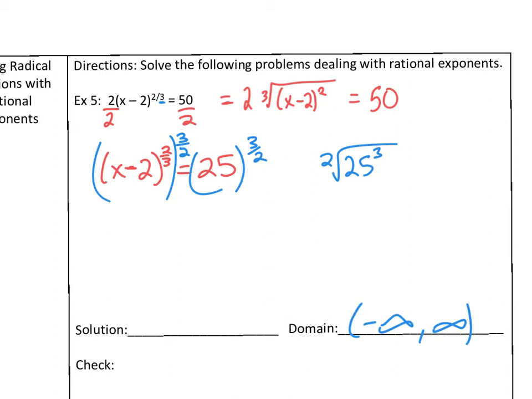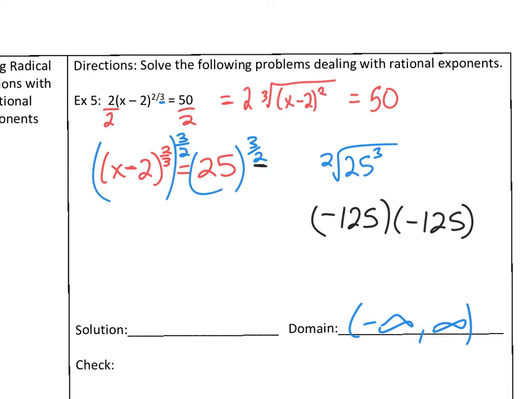But here's the thing. Because this is a 2, technically wouldn't negative 125 times negative 125 also be that same number? You see what I mean?